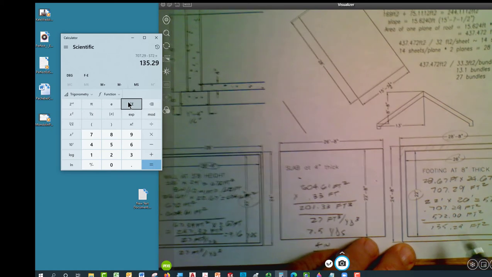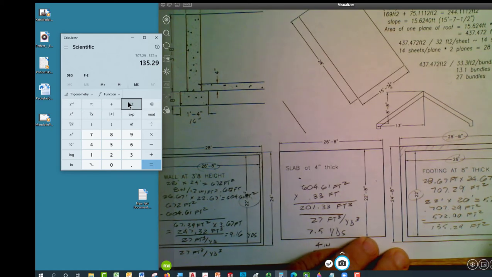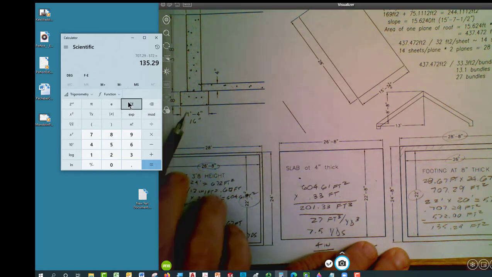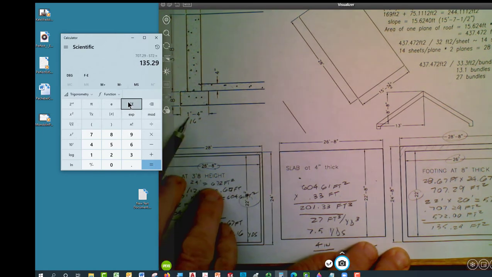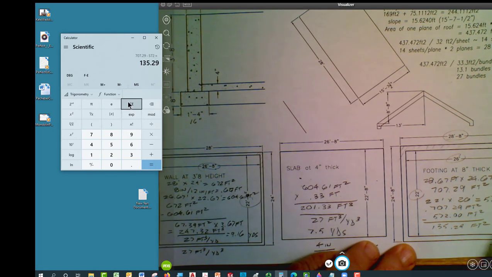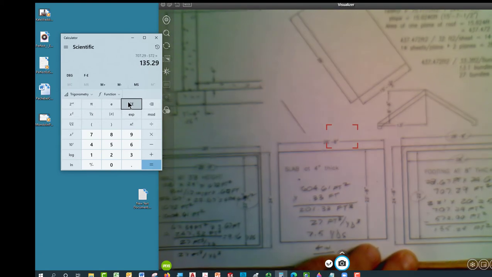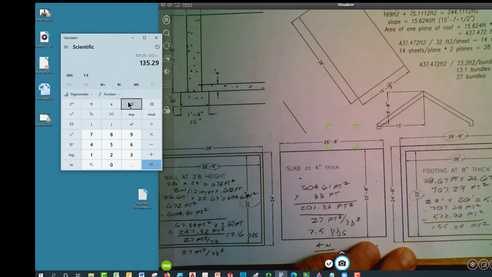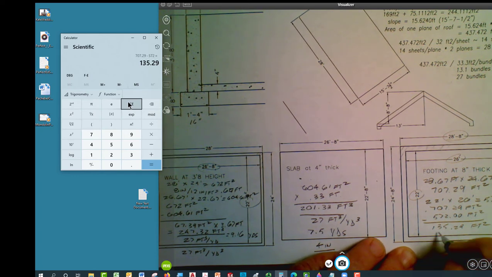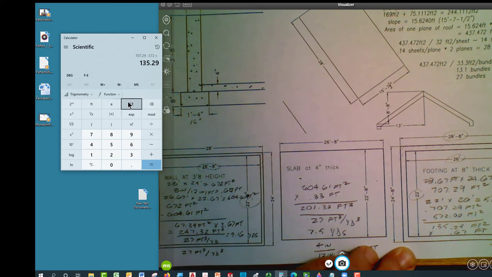Now what we need to know is how deep it goes in order to come up with the cubic feet, and the depth of that is 8 inches. You can see that right over there. So we're going to multiply that times 8 inches, which is 0.67 feet. That's going to give us cubic feet.